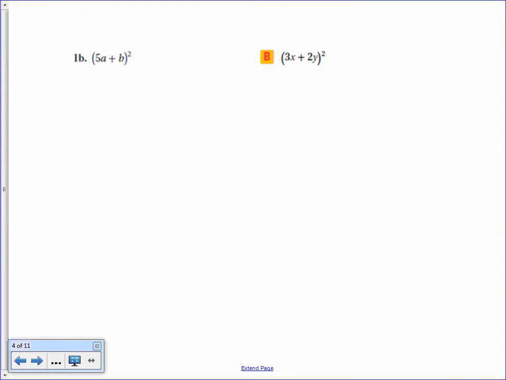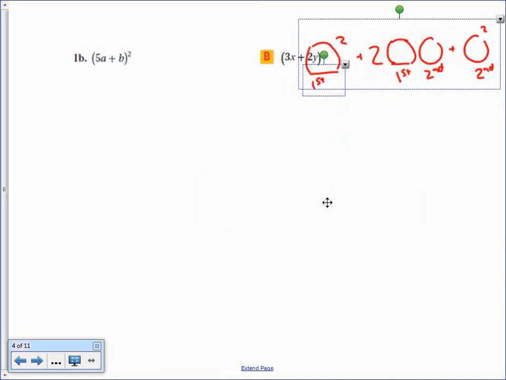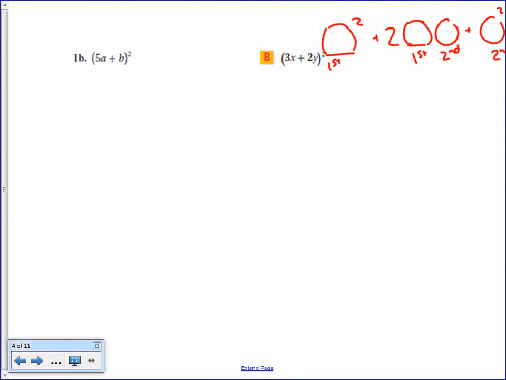So just a few more of these, a little bit more complicated problems. Let me paste that little setup right here again. You can use those little bubbles if you want, but if you don't feel like using them, that's okay. So again, square the first. Now this is going to be tricky. 5a, when you square that, you've got to square the 5 and the a.